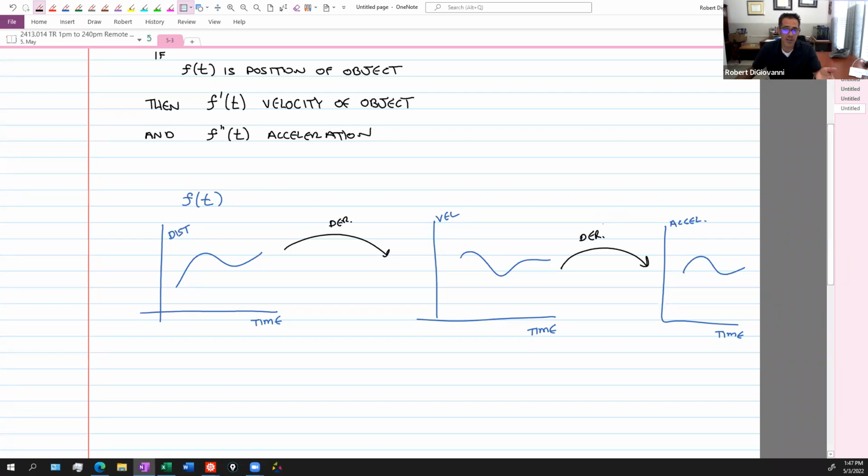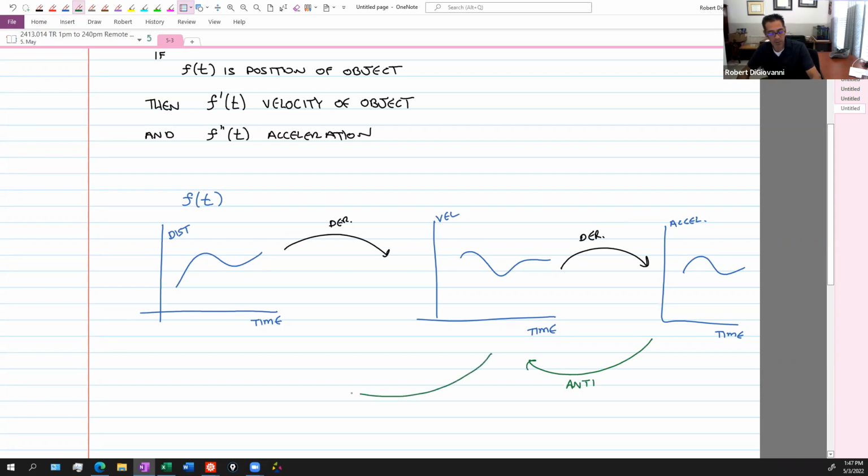Well, you do know the velocity, you need to take the derivative of that function. So please make sure you understand that connection from position to velocity to acceleration. So the idea of antiderivative would be if we started with acceleration, we should be able to go backwards to velocity.